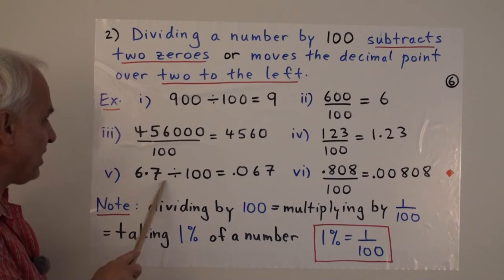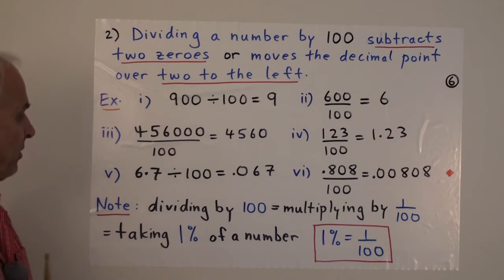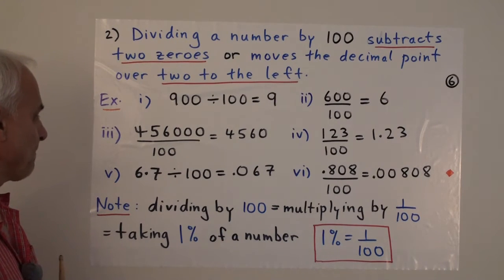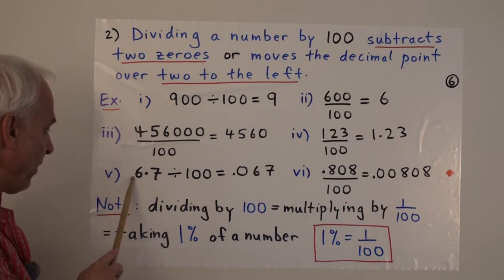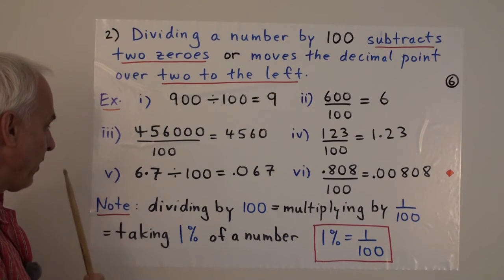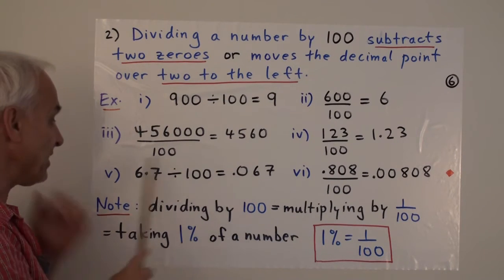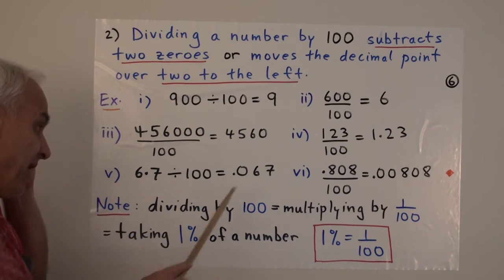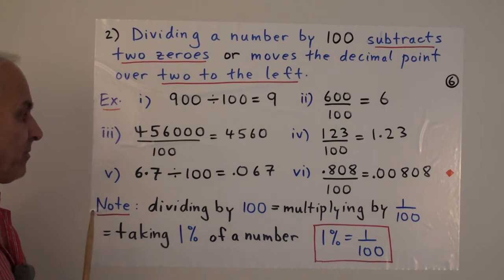How about 67 divided by 100? Now we're using this notation for division, which is also acceptable. Well, what still happens is the decimal place moves over 1, 2. In order to give it a place to move over, we have to add a 0 to the left. That gives us a place for the decimal point to move over to.